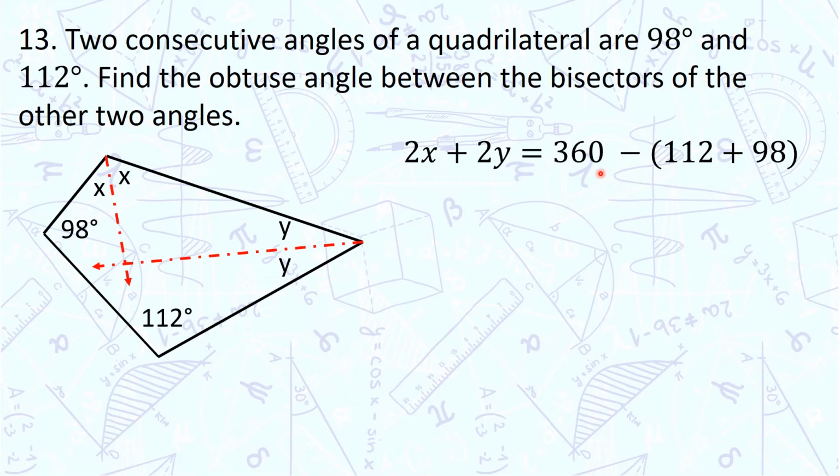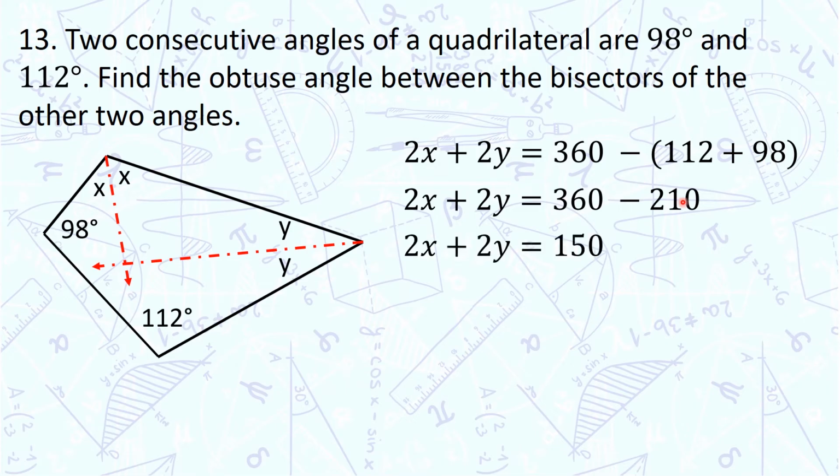Because we know that in a quadrilateral, the sum of the interior angles is 360 degrees. So we get 360 minus 210, that is 112 plus 98. Then 2x plus 2y equals 150.